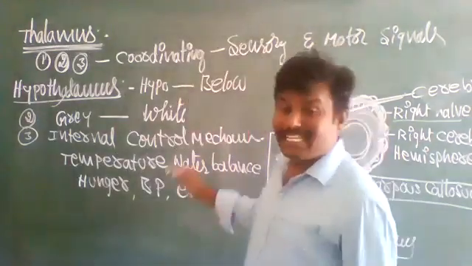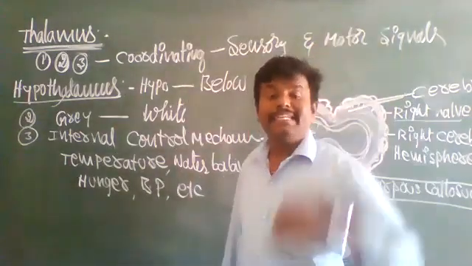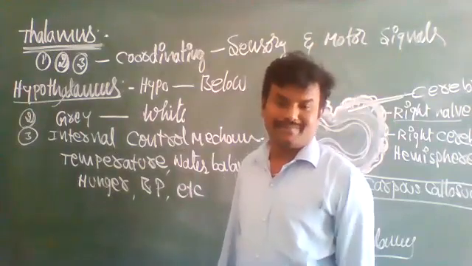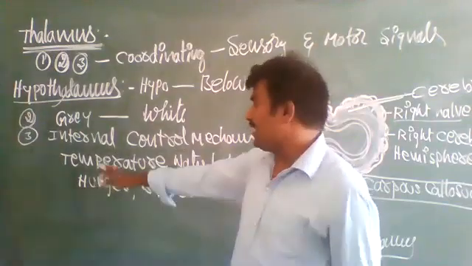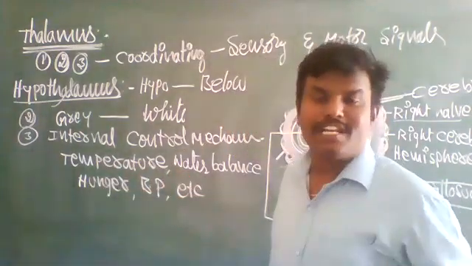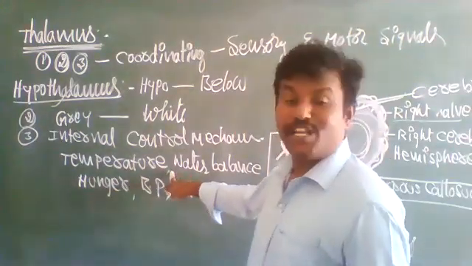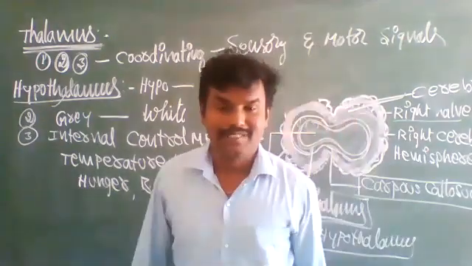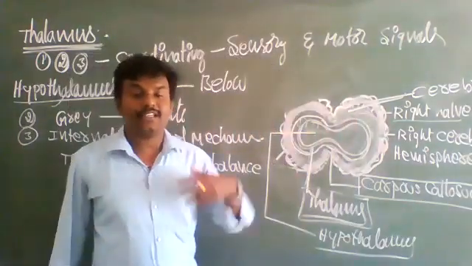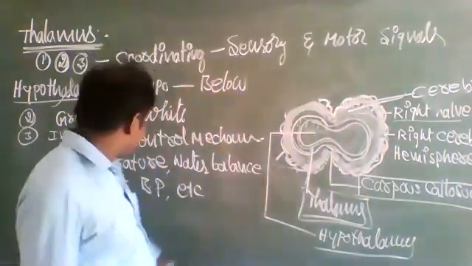That's why it is the control center for many internal control mechanisms. Especially temperature regulation: our body temperature should not exceed more, should not get less. Water balance: in our body fluids, it maintains water balance.